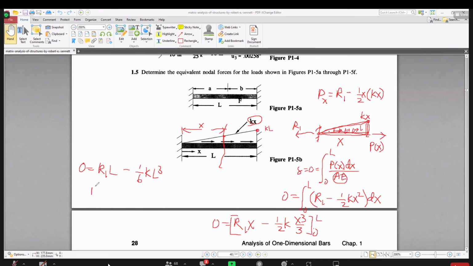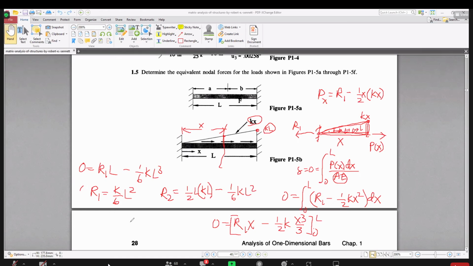So that means your R1 is equal to, substituting here, 1/6 kL squared. And your R2, obviously, is the total load, which is 1/2 L times kL, minus 1/6 kL squared.